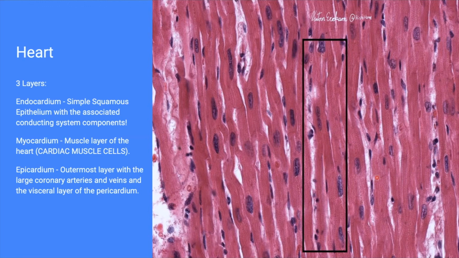So if you see a cross section of cardiac myocytes and the nuclei are located centrally, we know it's not skeletal muscle, because those nuclei are located peripherally, as opposed to centrally located nuclei in cardiac myocytes.